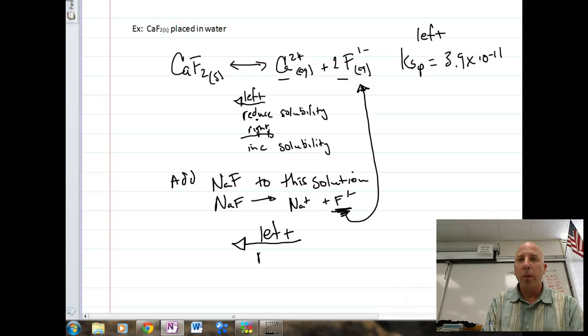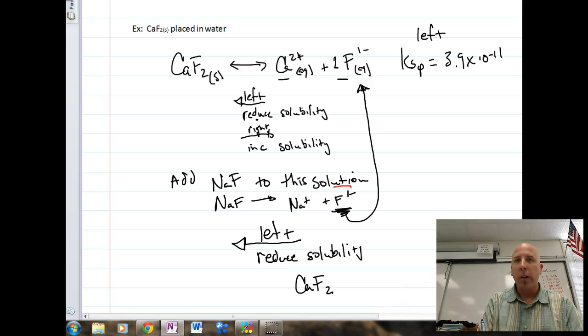And that's going to reduce the solubility of the calcium fluoride. So by adding a common ion, and that's really what's going on here, the fluoride is the common ion, we can reduce solubility within this equilibrium.